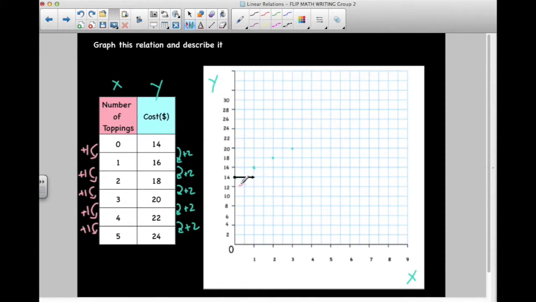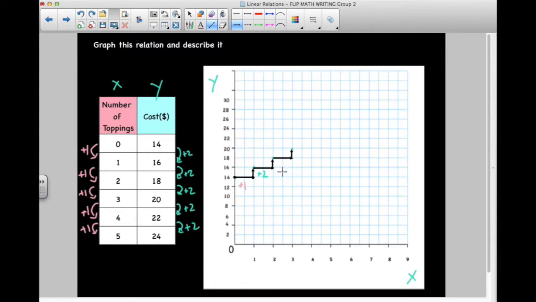Right, here's our +1, and we increased our cost by 2. Now I'm just going to label that our +2. And notice this pattern continues. As I increase the number of toppings by 1 each time, I increase the cost by 2.